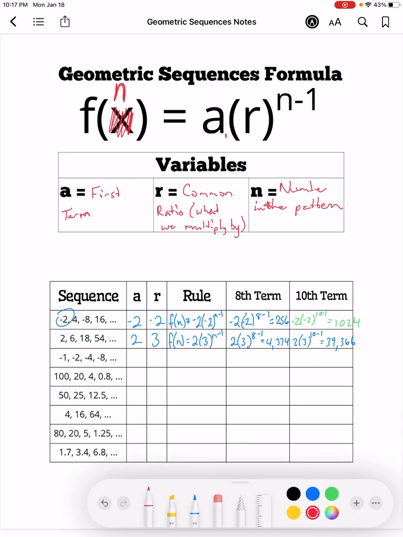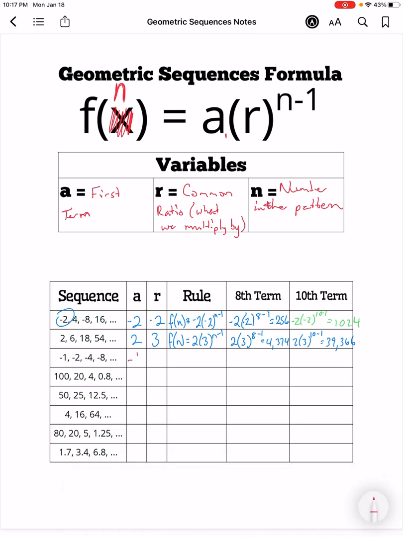My first term again is my a, that's -1. Going from -1 to -2, -2 to -4, -4 to -8, I am doubling what I had before. So I'm multiplying by 2 to get the next term in the sequence.